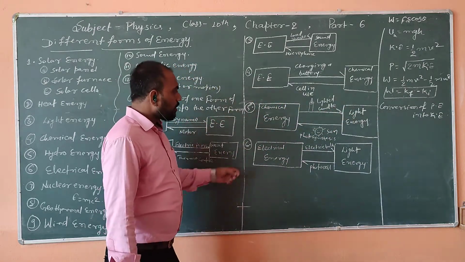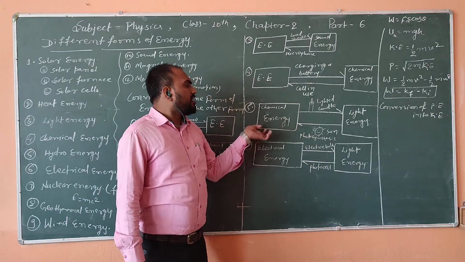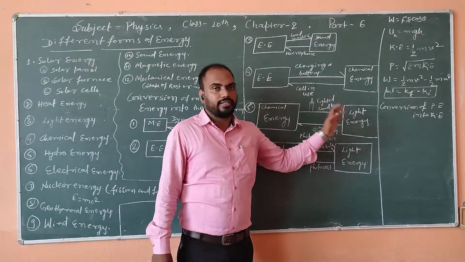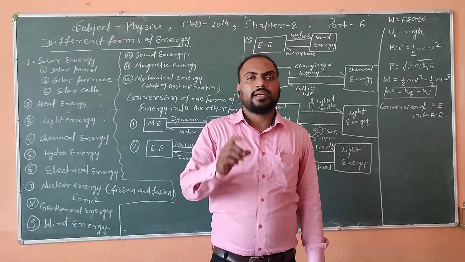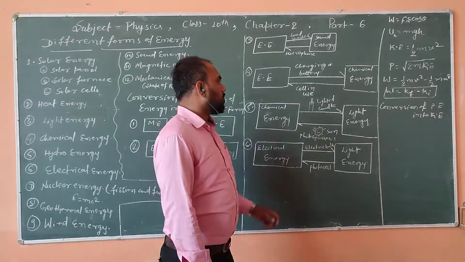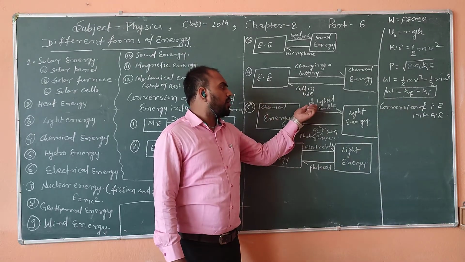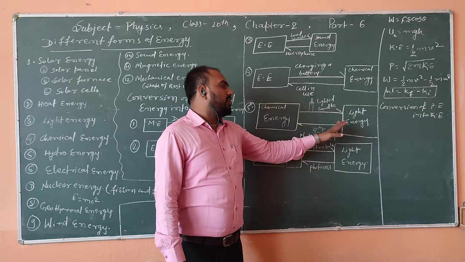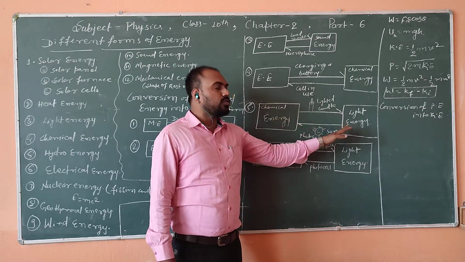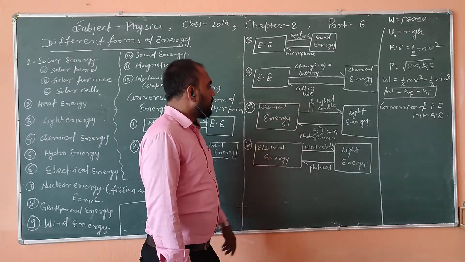Next is the change of chemical energy into light energy. Simply, if we burn a candle, which is a chemical substance, when we light the candle it converts chemical energy into light energy.